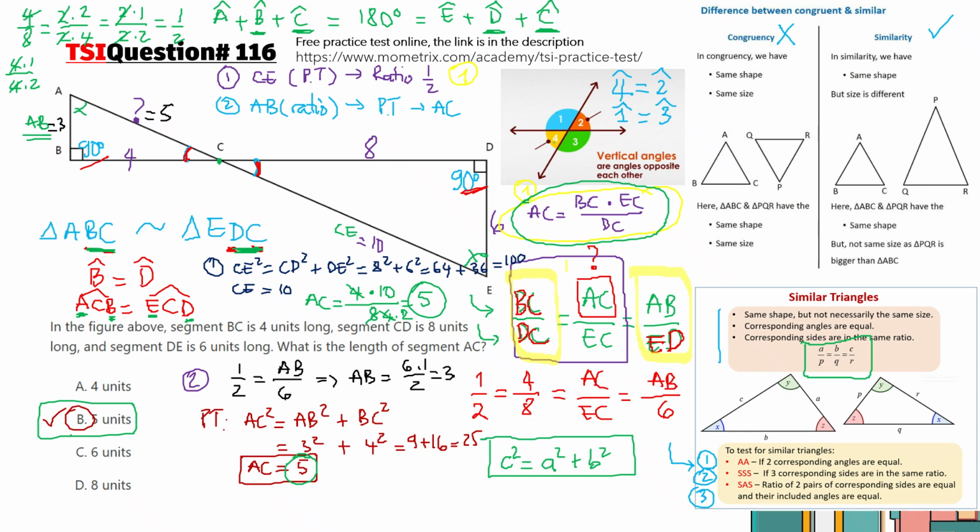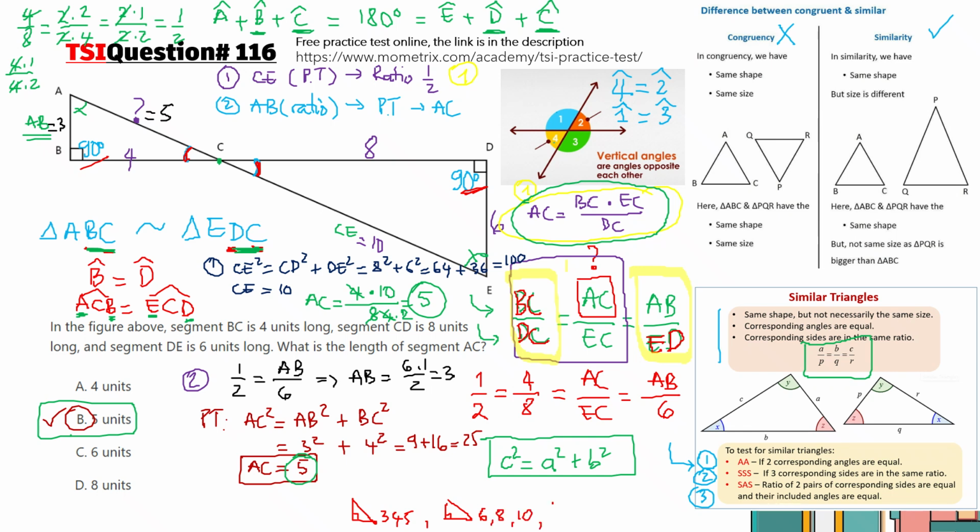So one more note here is always remember we have the right triangle with the measurements of 3, 4, 5. If it's a multiple of those numbers, you will have the next one. For example, this one, they multiply by 2. So 3 times 2 is 6, 4 times 2 is 8, 5 times 2 is 10.